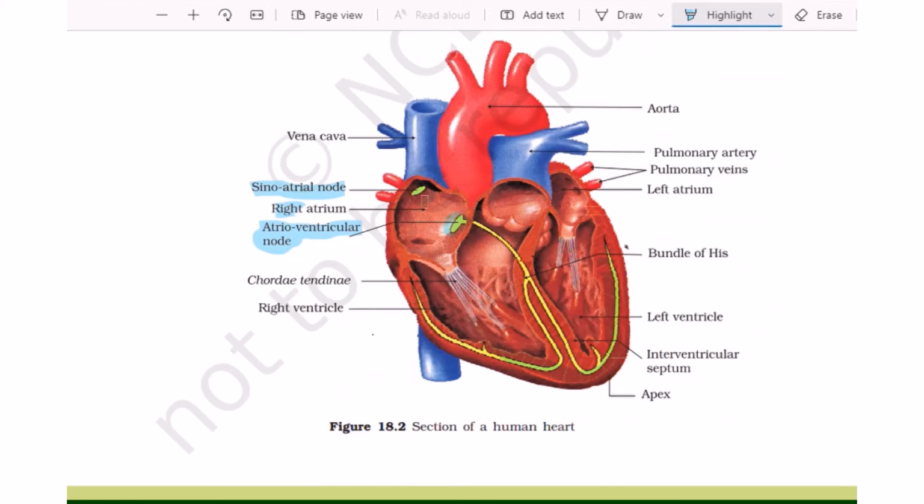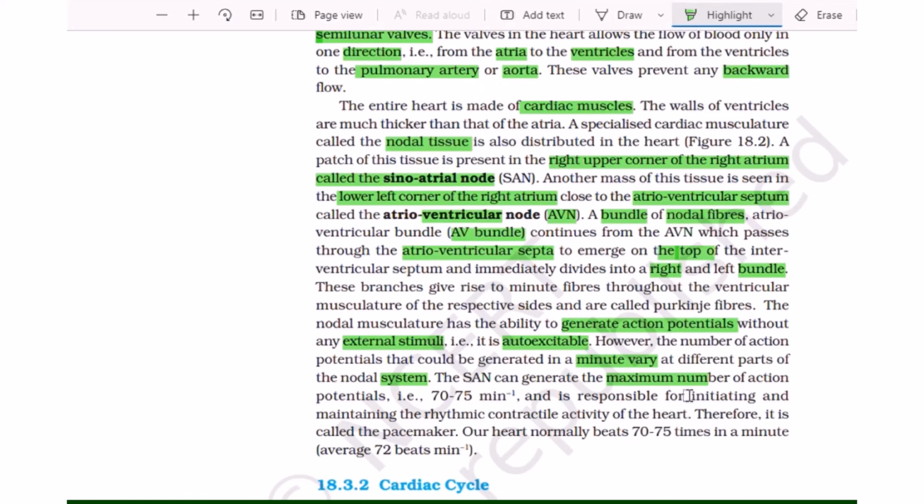Basically the SAN, this nodal musculature present at the top right side of the right atrium, can generate 70 to 75 action potentials per 60 seconds, and it is also responsible for initiating and maintaining the rhythmic contractile activity of the heart.